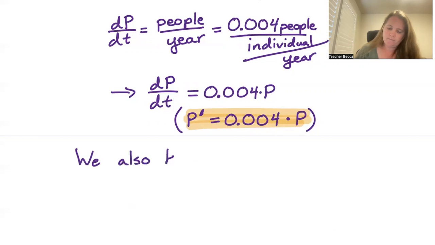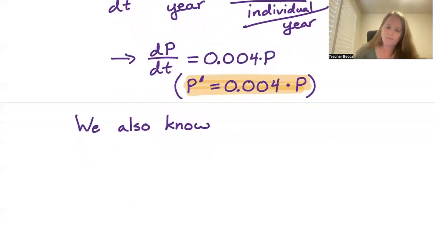We also know that the initial population, or when t equals 0, so the current time, the population is 400,000.